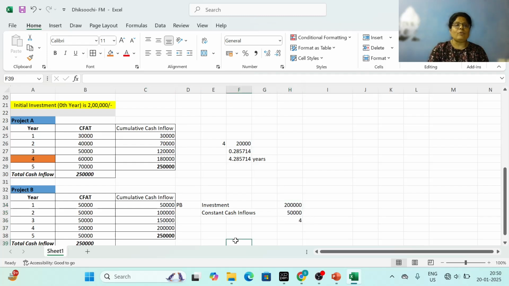Now, in this problem, the investor has to accept project B because it is giving back his investment quickly compared with project A. Clear? This is how you apply the payback method or payback period, right?